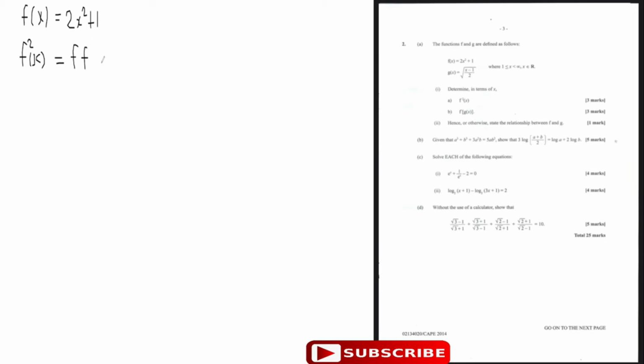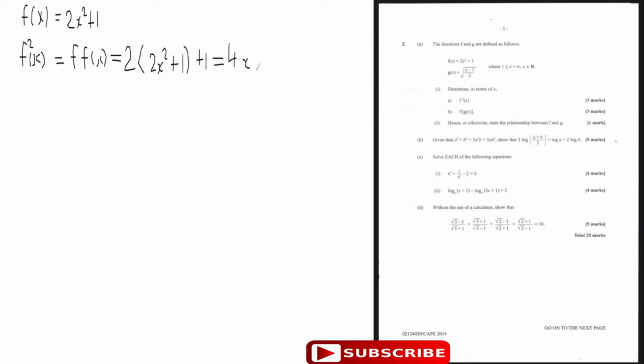So putting f of x into f, we're going to get 2 times 2x squared plus 1, plus 1. So when you simplify this, 2 times 2x squared is going to be 4x squared.